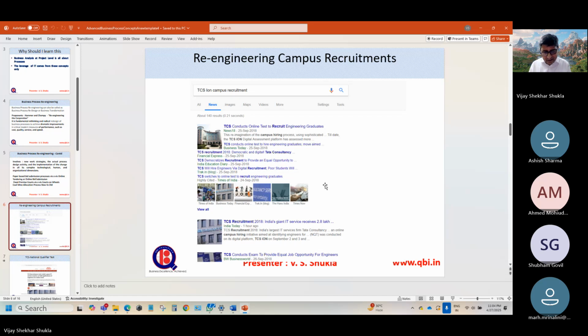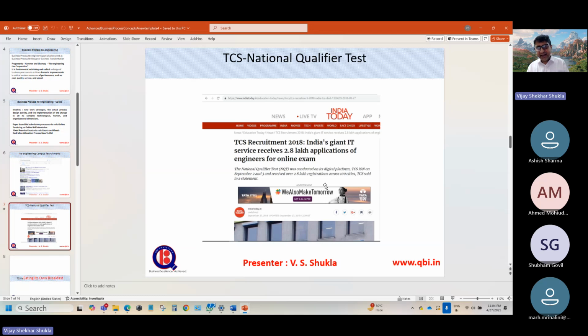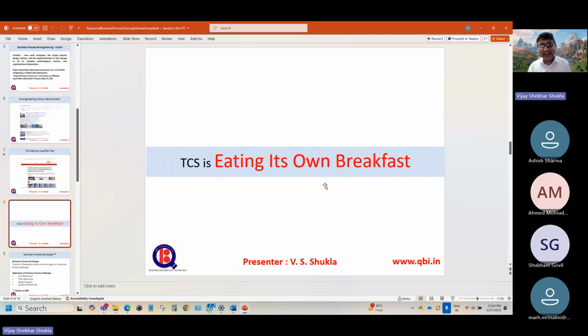At the core of this re-engineering activity is the online test engine which a TCS subsidiary has prepared. You could see, TCS Recruitment 2018: the IT giant receives 2.8 lakh applications for engineers for an online exam. And since this is the software which TCS is selling to other clients, there is a cliche which says TCS is eating its own breakfast.